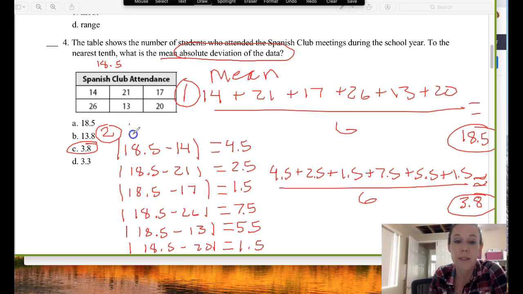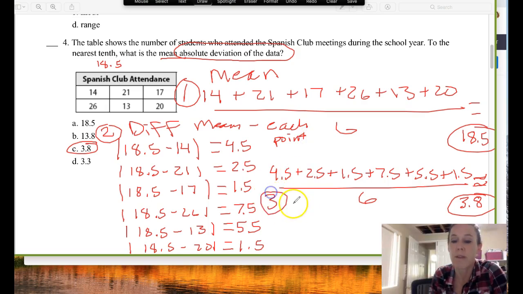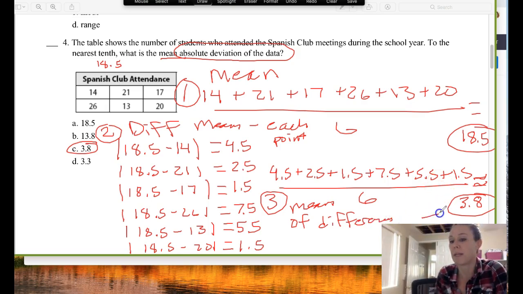Second, find the difference from the mean to each point. And then third, find the mean of the differences. And that is your mean absolute deviation.